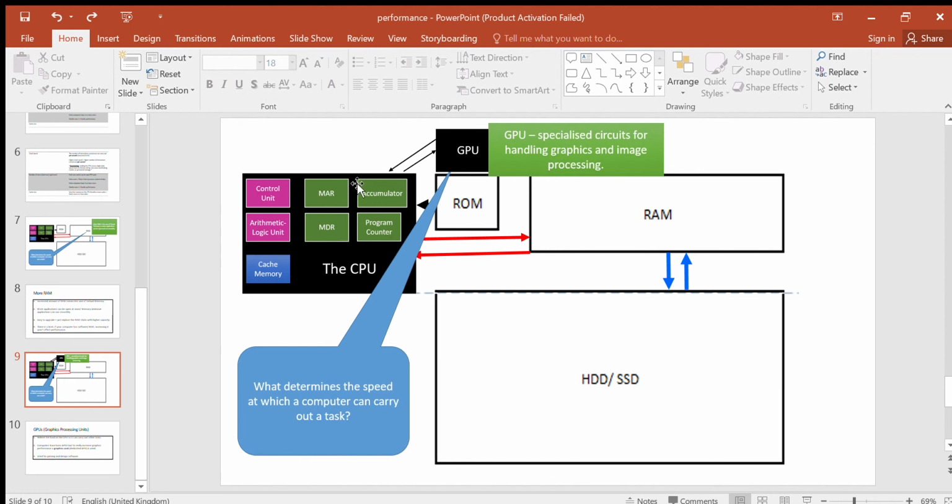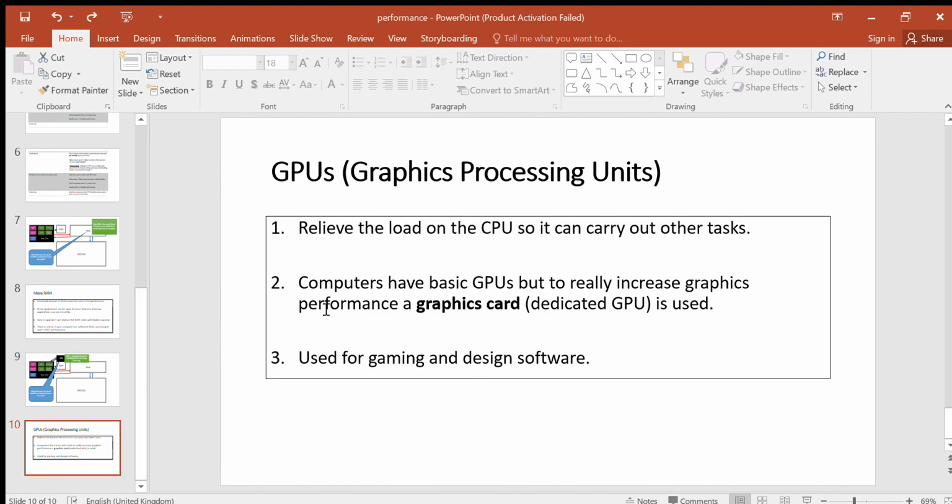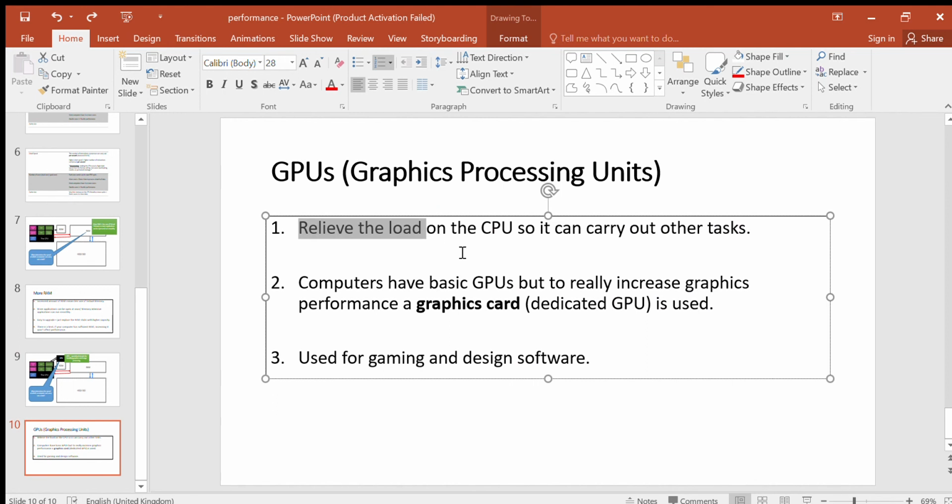It's nestled with the CPU, so the CPU can dish anything that's graphics or image related out to the GPU to process. Now, that's good news, because if the CPU can give any image related tasks to the GPU, that relieves the load on the CPU, so the CPU can get on with something else. So it speeds up the system in that way.